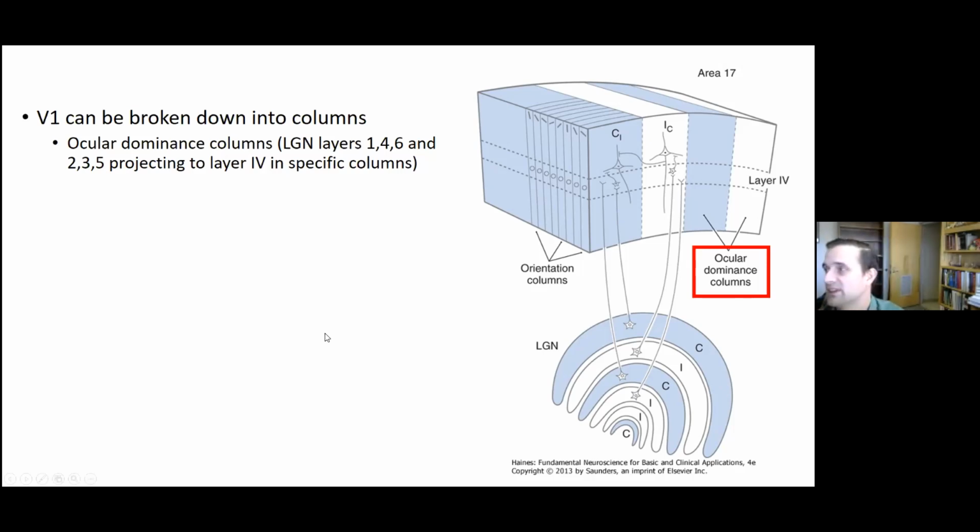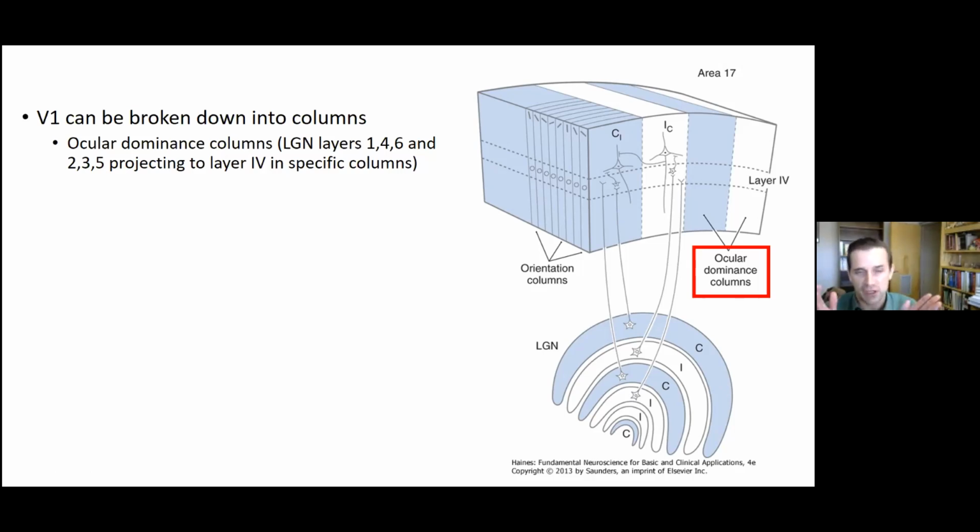in specific columns. So you see these columns, white and blue, that are coming from these nicely differentially colored, in the same format, from the lateral geniculate nucleus.